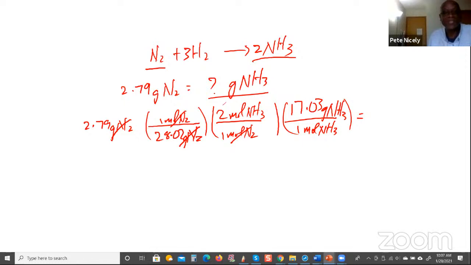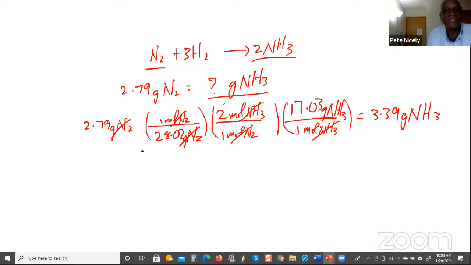Okay, so all we have to do now is the number crunching. 2.79 divided by 28.02 times 2 times 17.03. According to my calculations, this is going to be equal to 3.39 grams of ammonia. So this is a typical stoichiometric problem.